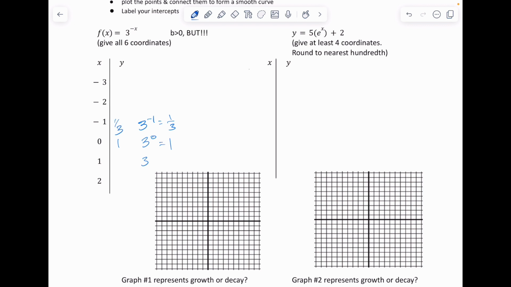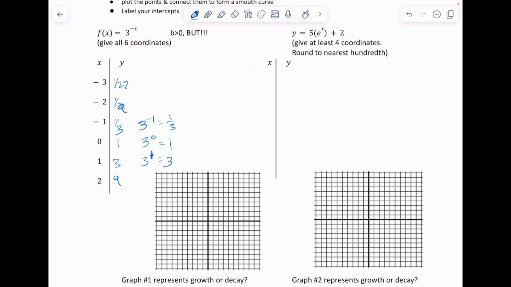3 to the 1 equals 3. 3 squared is going to give you 9. Everything here is the same, just reflectively bouncing over the denominator and the numerator. 27.